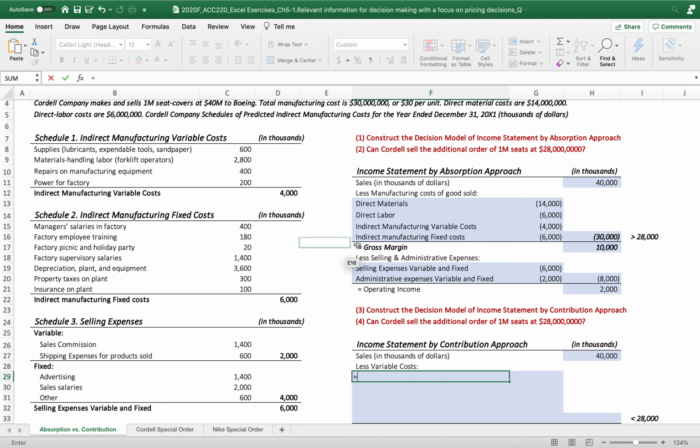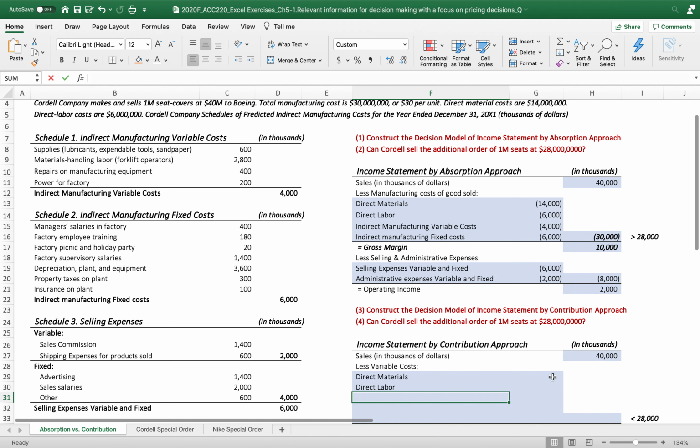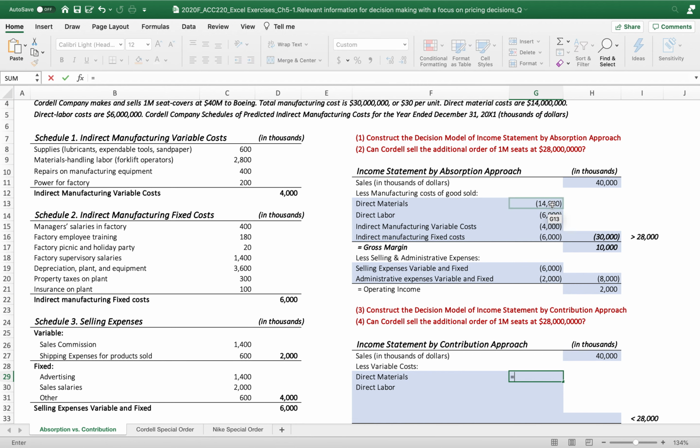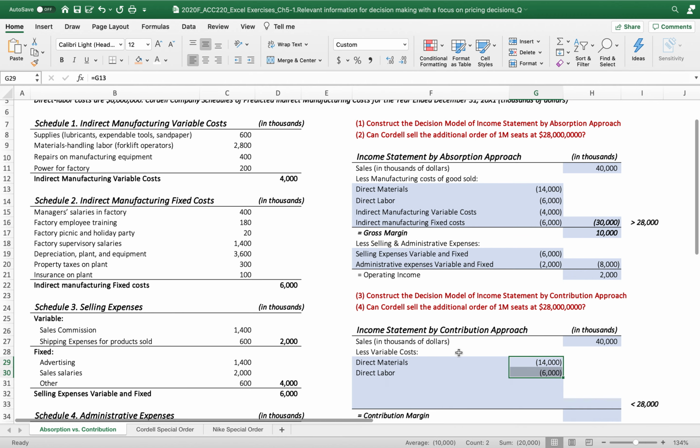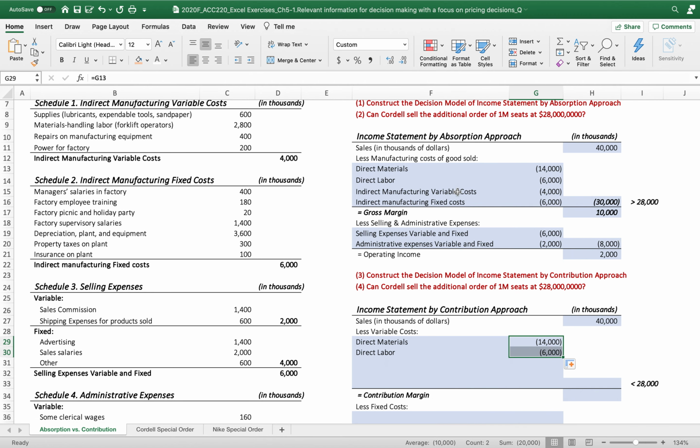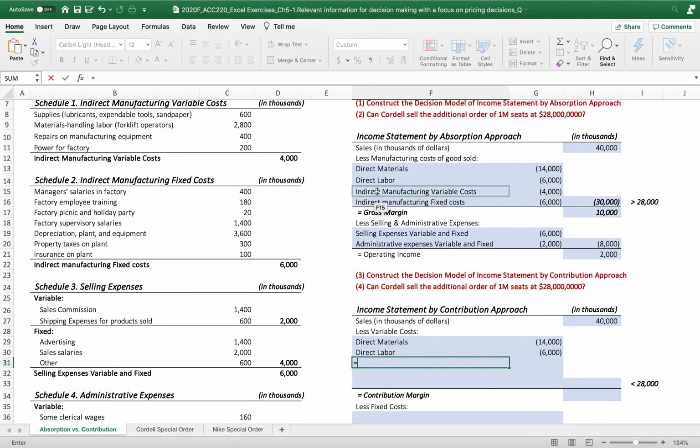So we also have the direct material cost and the direct labor, which are variable costs. We have the same information up to here, but now we collect only the variable cost, the indirect manufacturing variable cost.